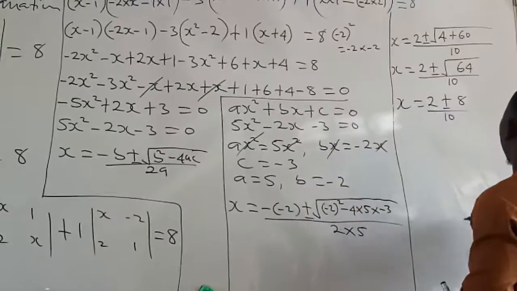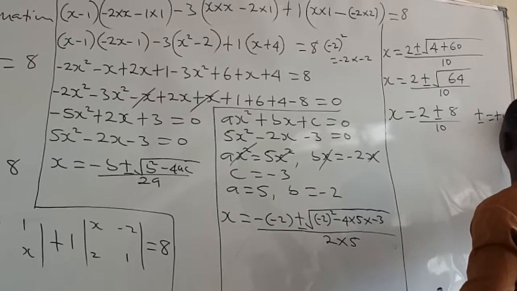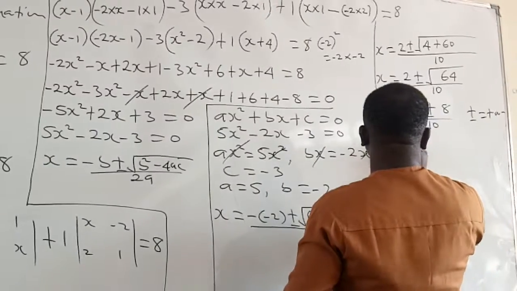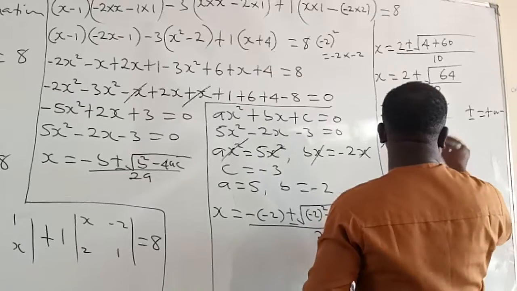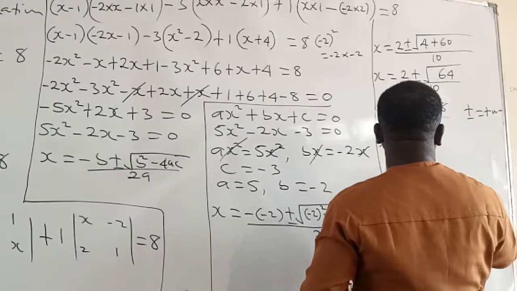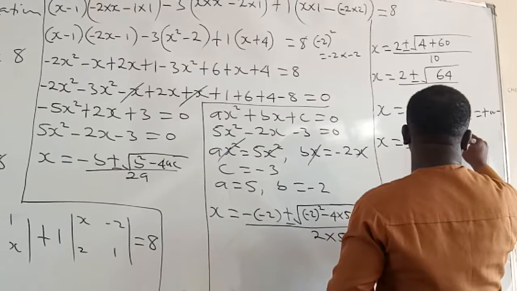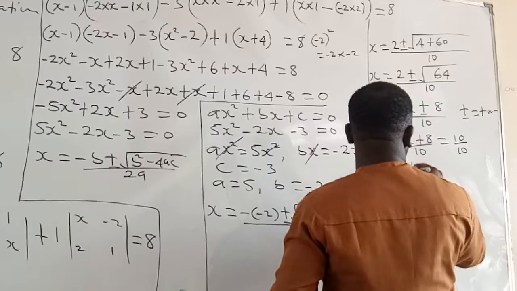Remember that if we have plus or minus, it means either plus or minus. Is that clear? So our x will now be, let's start with plus, 2 plus 8 all over 10. This is going to give us 10 all over 10. Amen. Then our x is equal to 1.